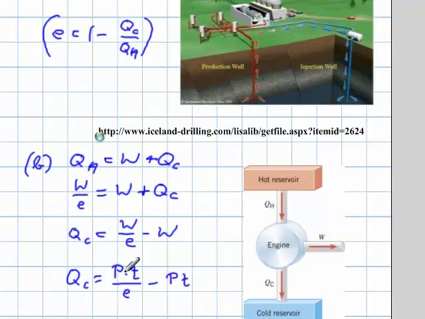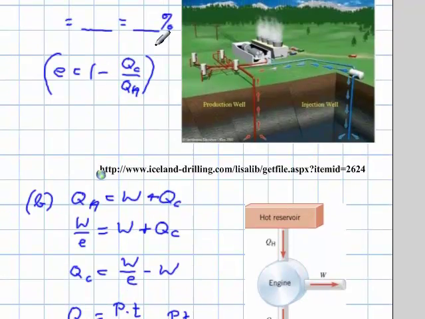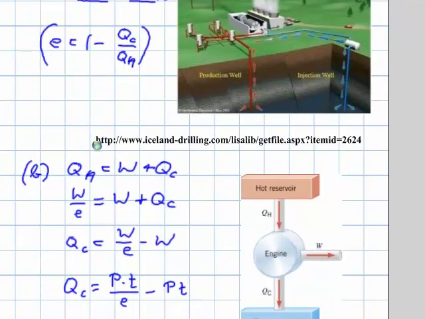So this is going to be 84 million watts times 24 hours times 3,600 seconds, divided by that efficiency that was calculated up here, minus again the 84 million watts times 24 hours times 3,600 seconds. Overall, for the rejected heat, you come up with a pretty large number, and that will be in joules, somewhere around 10 to the 13 or so.